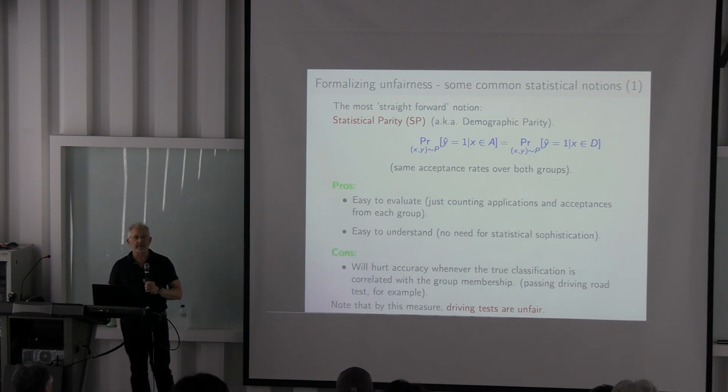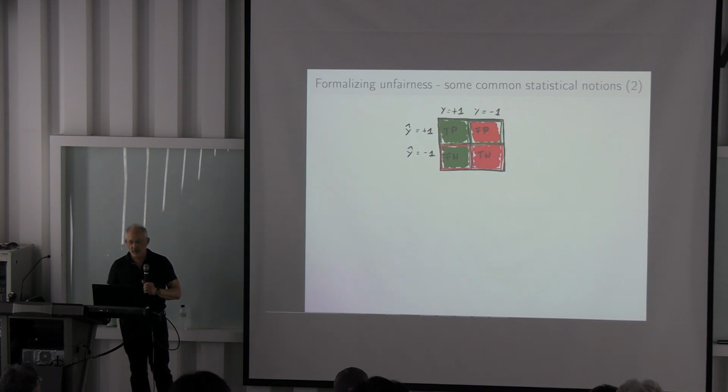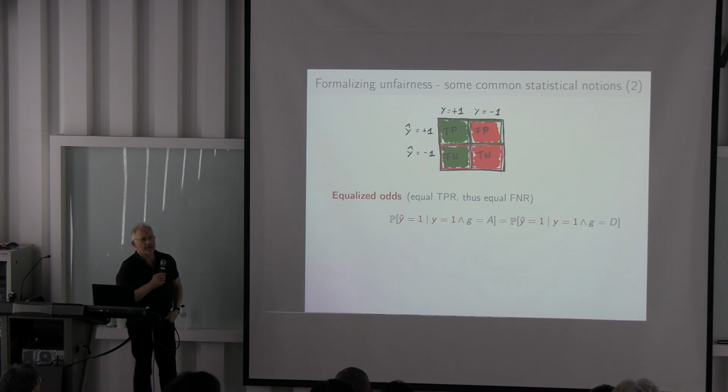So let us look at some more subtle notions of fairness. The next notion of fairness that we want to consider is equalized odds. So what does equalized odds say?